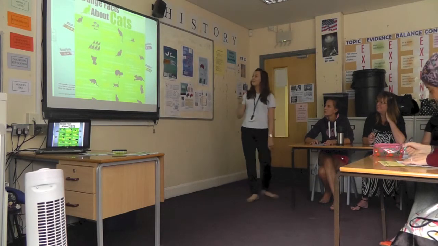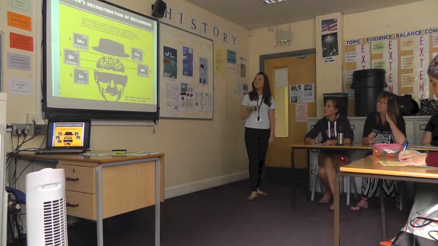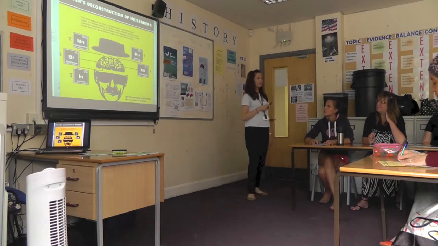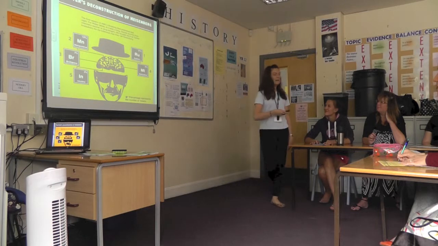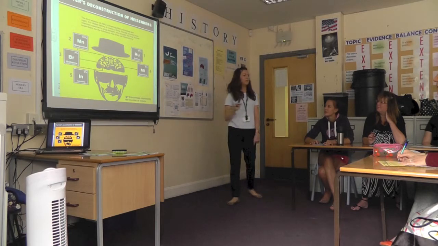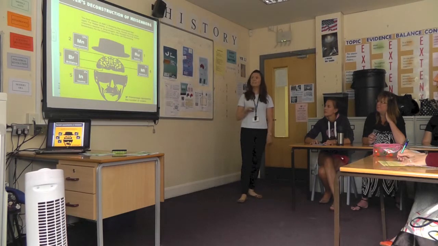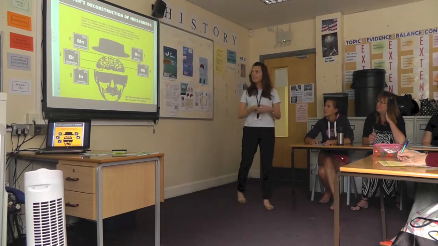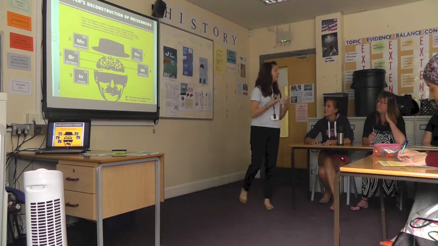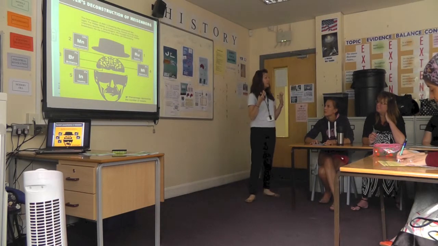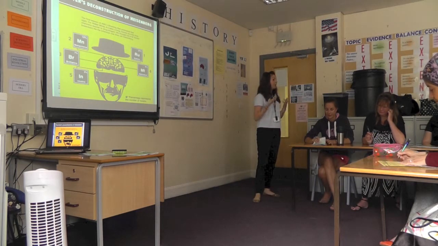And lastly, if anyone has been watching Breaking Bad, this is a character profile of Heisenberg according to Twitter users, so that you can see hopefully through that an infographic is just a visual means to display often complex data.